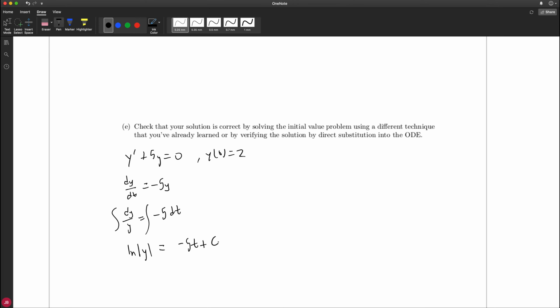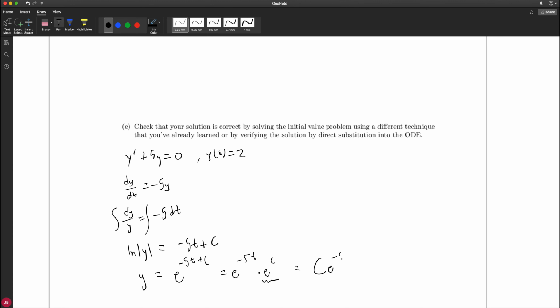And now we exponentiate. So when we exponentiate, we get y over here, and we get e to the minus 5t plus c here. But that's e to the minus 5t times e to the c. And now remember, we call this just a new constant. So this is c e to the minus 5t.